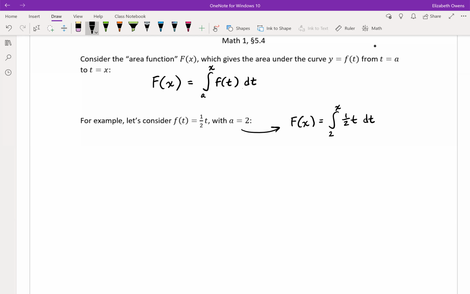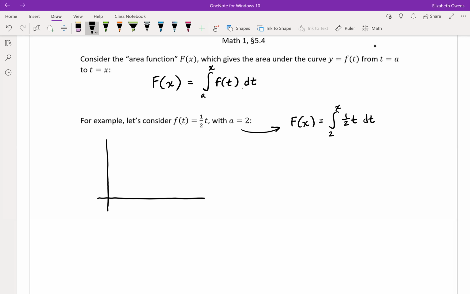Now, before we do anything with that, Riemann sum wise or anything along those lines, let's try to evaluate this one geometrically by looking at the area as a geometry formula. And we can do this because our function is just a little line, 1/2 t.